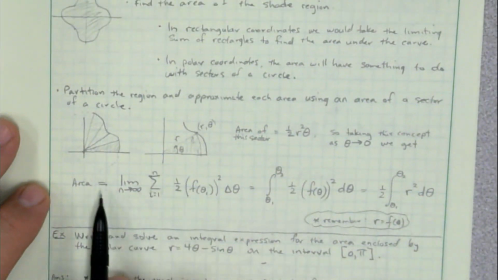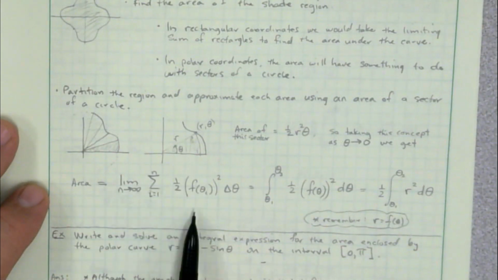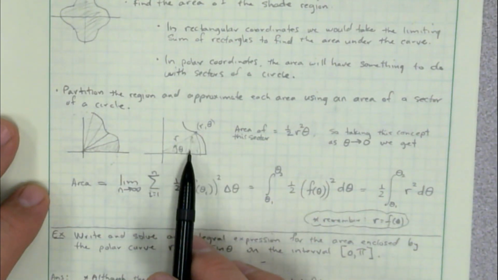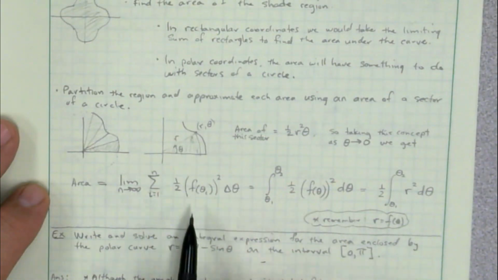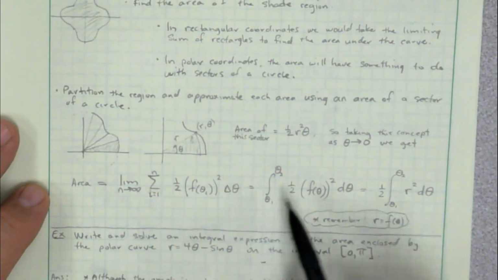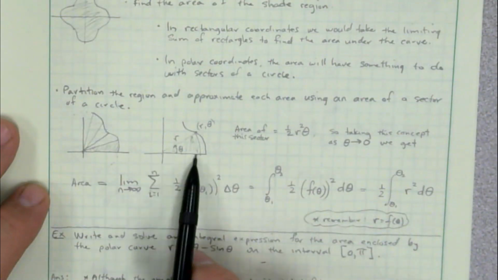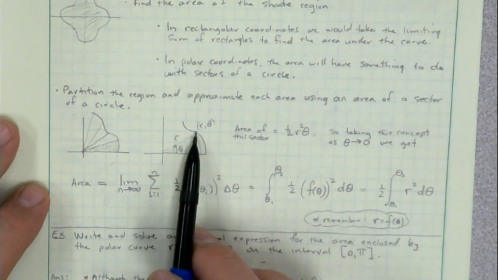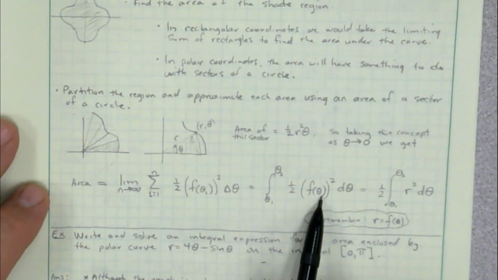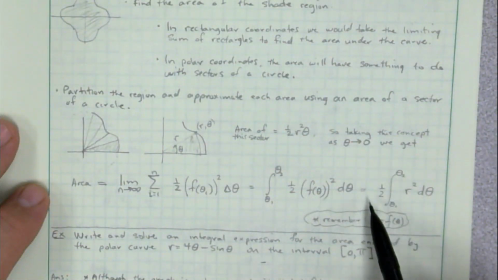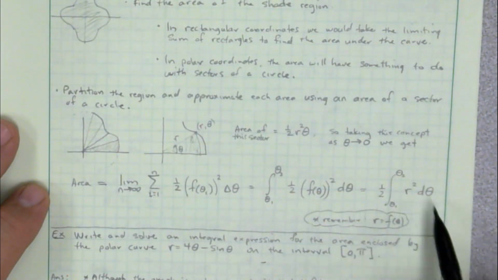And we end up with this right here, where I'm taking the sum of all of these little sectors and adding them up. We have two angles here, the start angle and the end angle. And this is how we get our formula for the area under a polar curve.